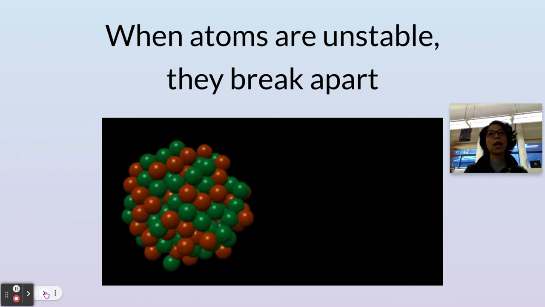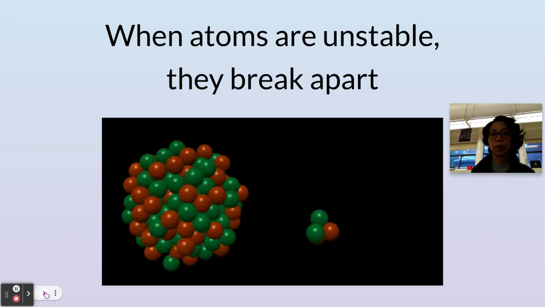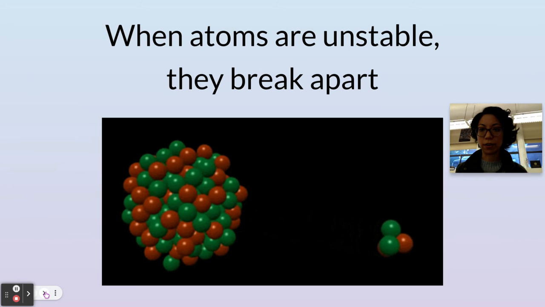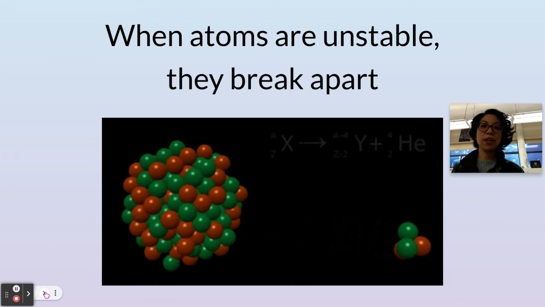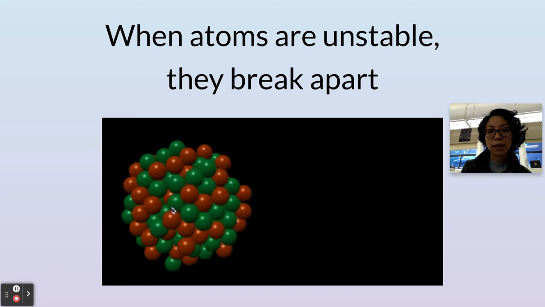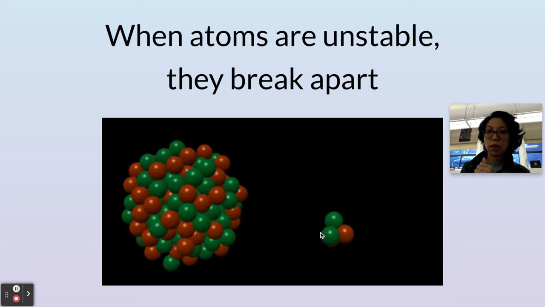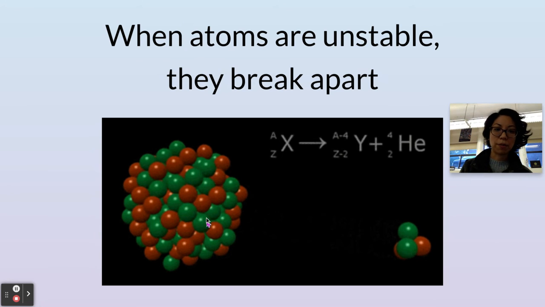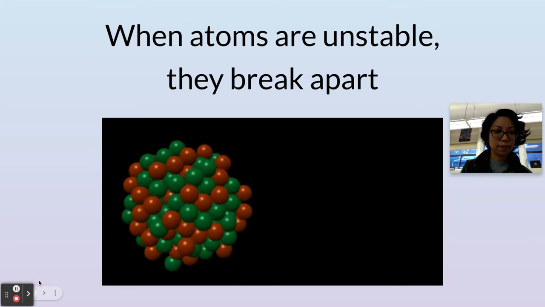Okay, so what happens when atoms are unstable? They actually break apart, like physically break apart. This is the nucleus of an atom. So some protons and neutrons actually break off from the rest of the nucleus.